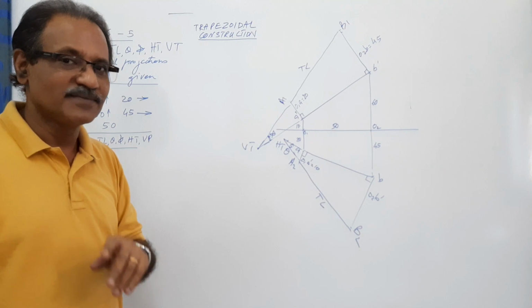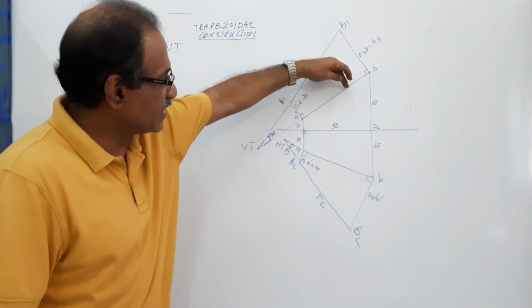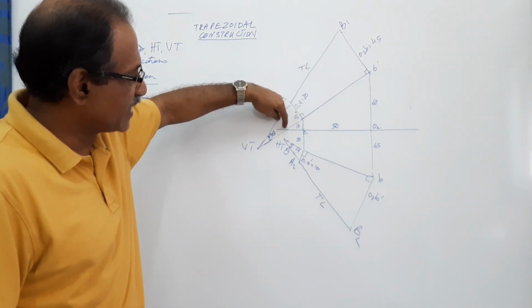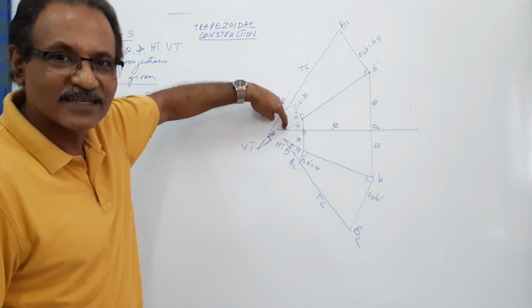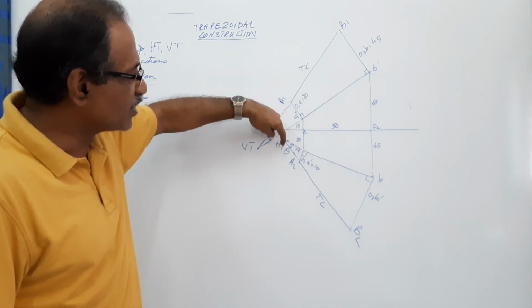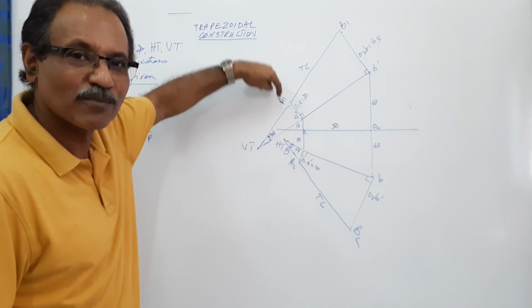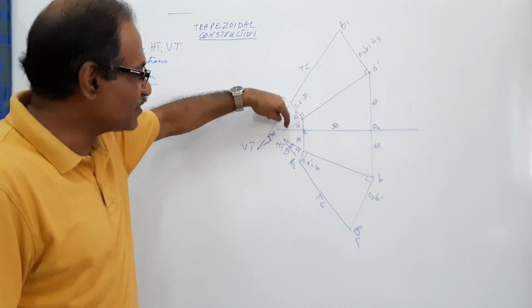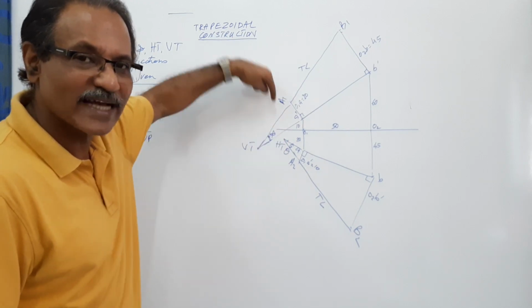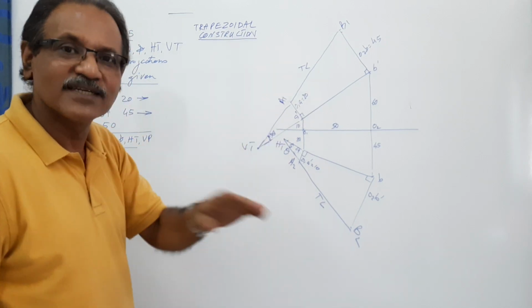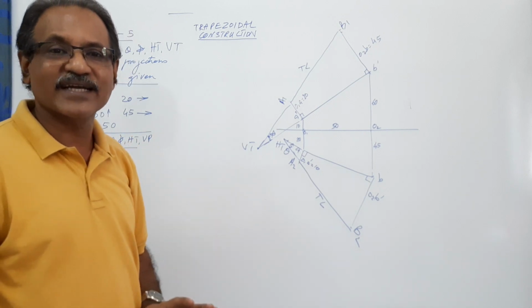In addition to that, when the elevation is extended, it meets XY at h. So this is h. Keep your scale and check whether your HT has come right below or above that, on that vertical line. If this HT comes exactly on the vertical line through h, there is very high probability that you are correct.